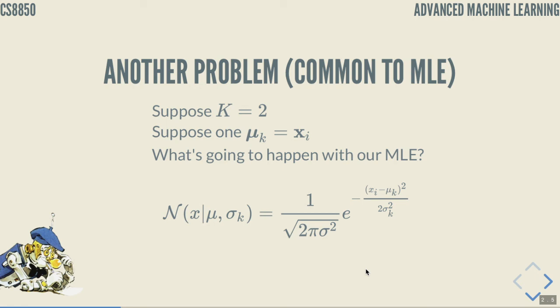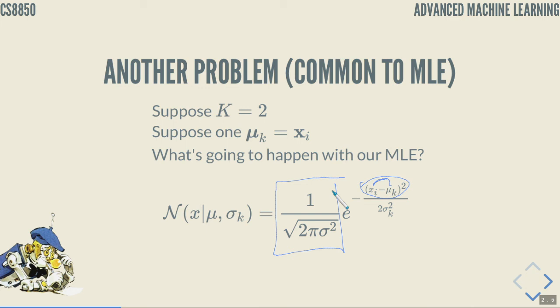Here's the Gaussian, just for simplicity, just one Gaussian. When the mean and the x are equal, this is going to be 0, and e to the power 0 will be 1, and that's what we're going to end up with as our probability density.